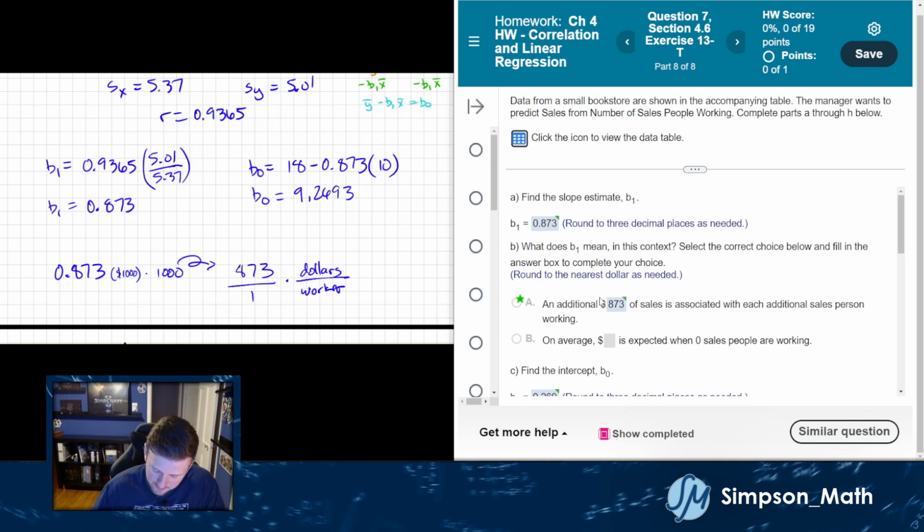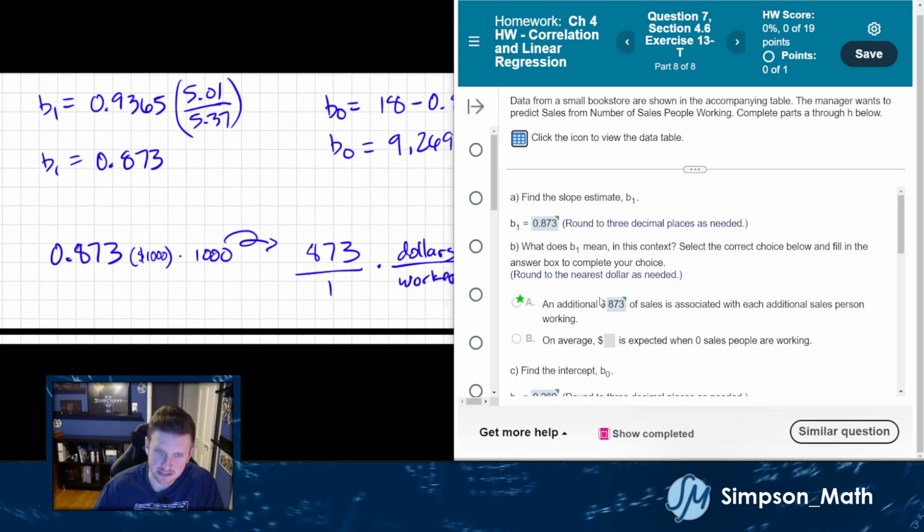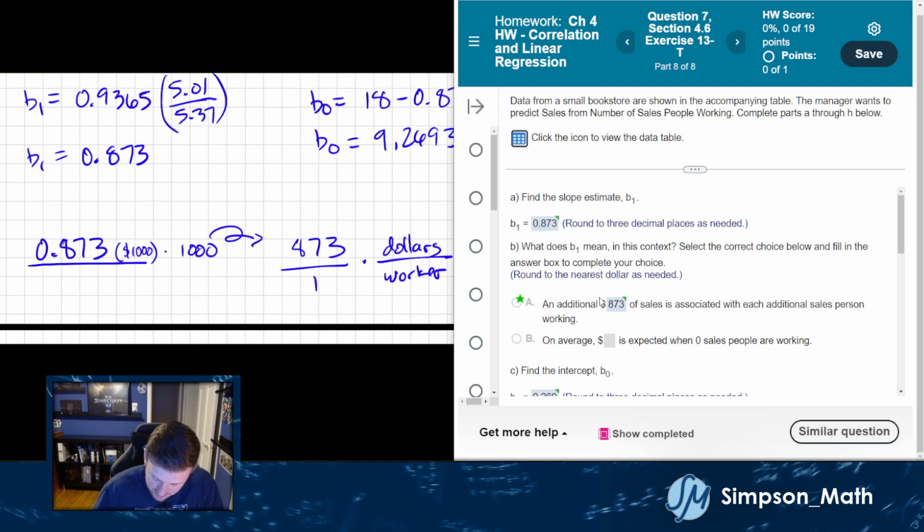If I look at it this way, this is 0.873. The slope is actually in thousands of dollars per one person.